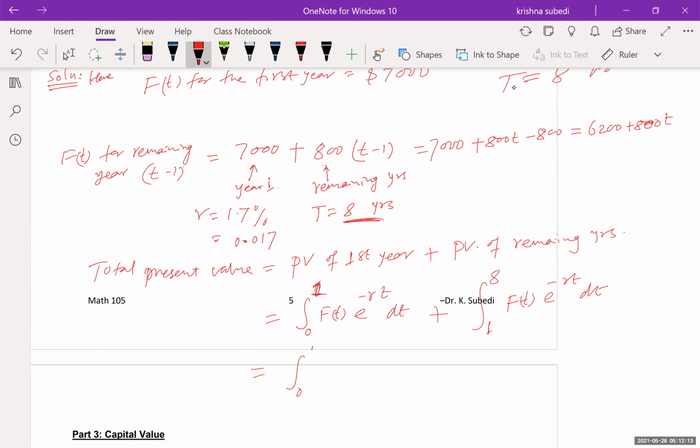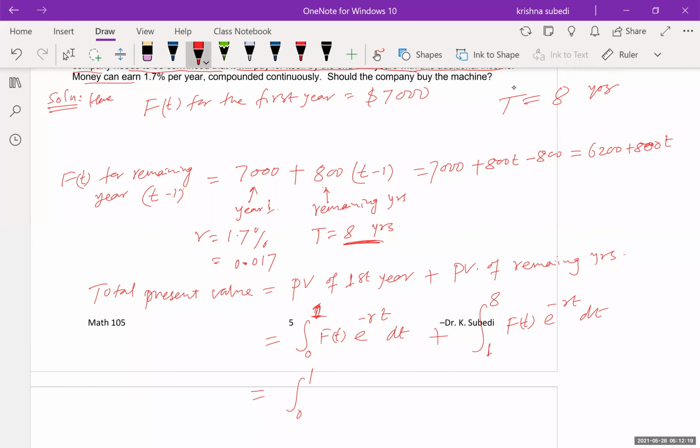So 0 to 1, and for the first year f of t is 7,000. You can represent it anyway, I think that is clear.